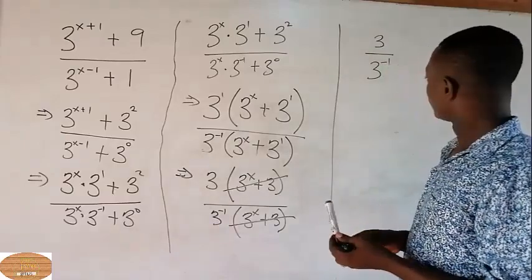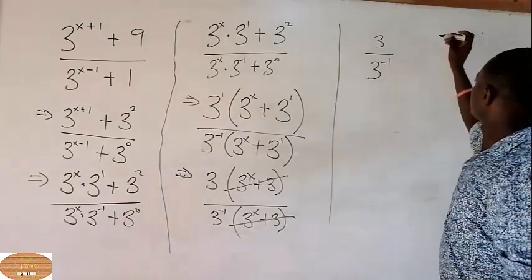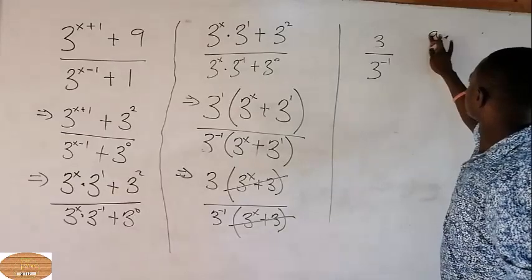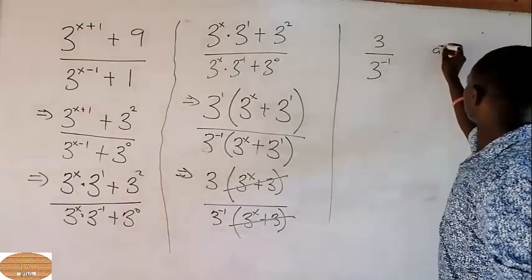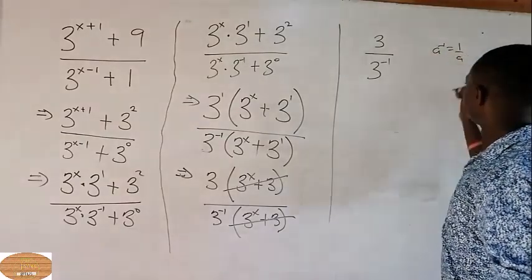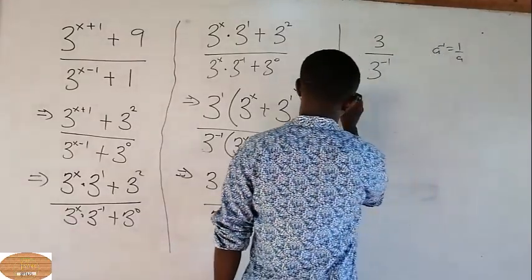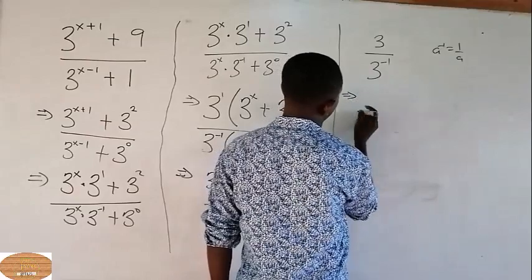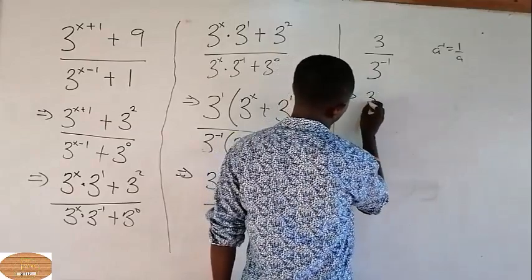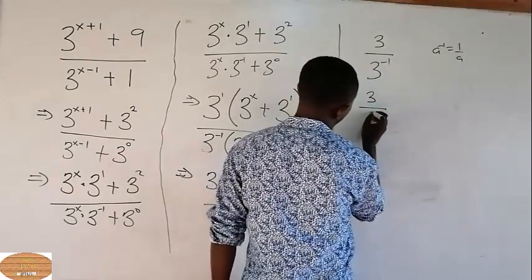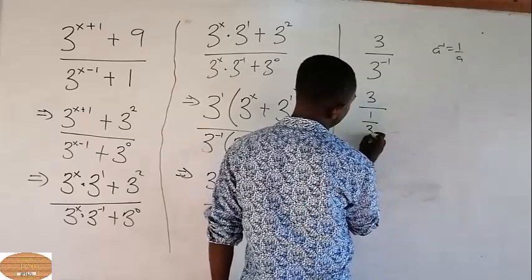Now, in case we are given a to the power minus 1, it is the same as 1 over a. So let's change this one. This is the same as 3 over 1 over 3.